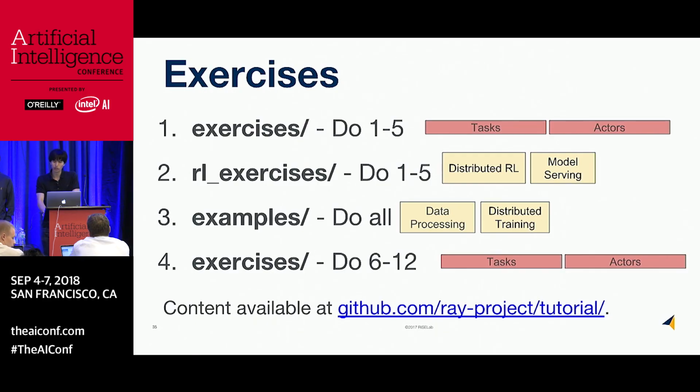A lot of the reason for building this system in the first place is that a lot of machine learning applications, and reinforcement learning in particular, are not well supported by existing distributed systems. Part of the reason is the lack of support for stateful computation like actors, and a different focus on performance.